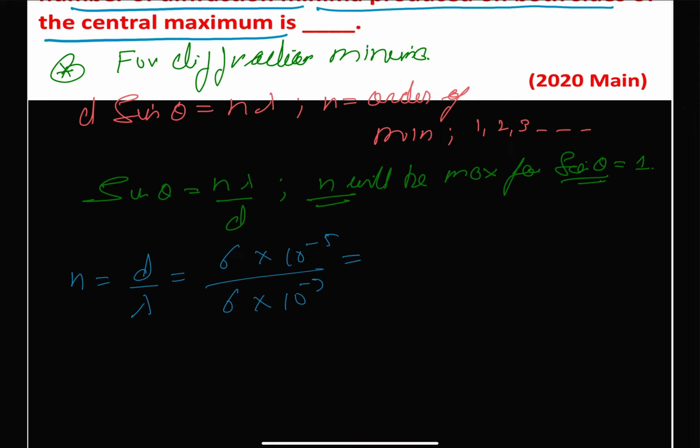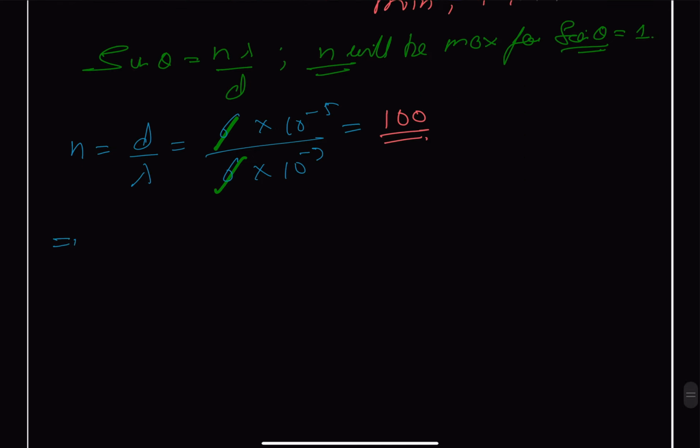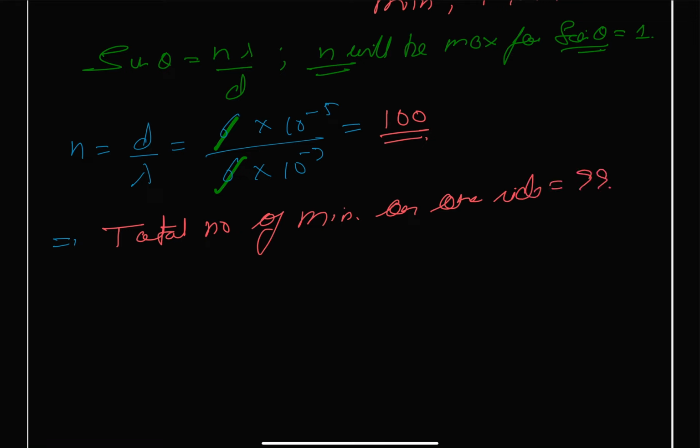And 6 goes by 6, and this is 7 minus 5, that comes as 10 to the power 2, which is 100. So total number of minima on one side will be equal to 99, and total on both sides will be 2 into 99, that comes as 198.